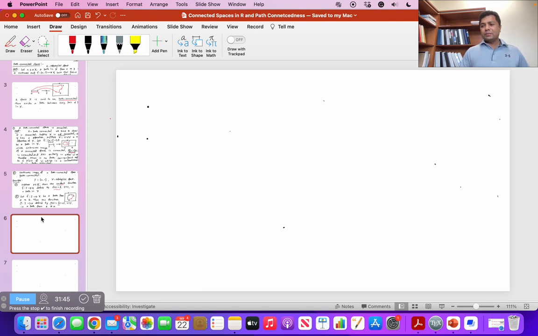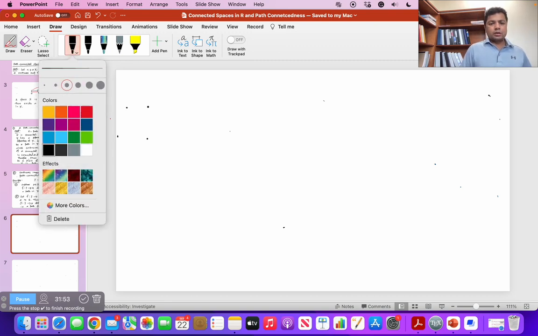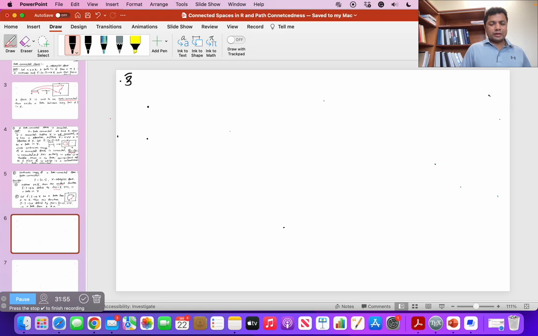Okay, next I'm going to give you a few examples of path connected spaces. If you go back to the definition, a topological space is called a path connected space if there is a path for every pair of points in that topological space.